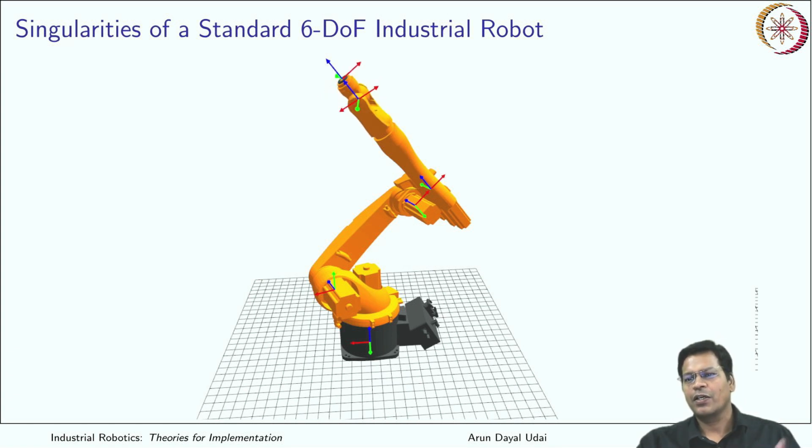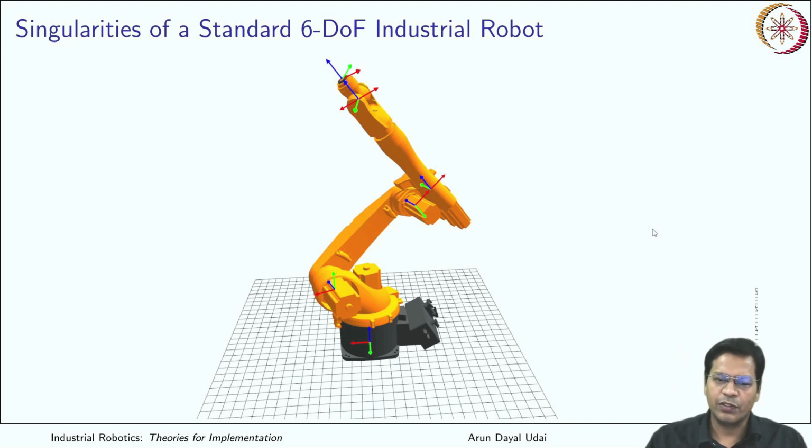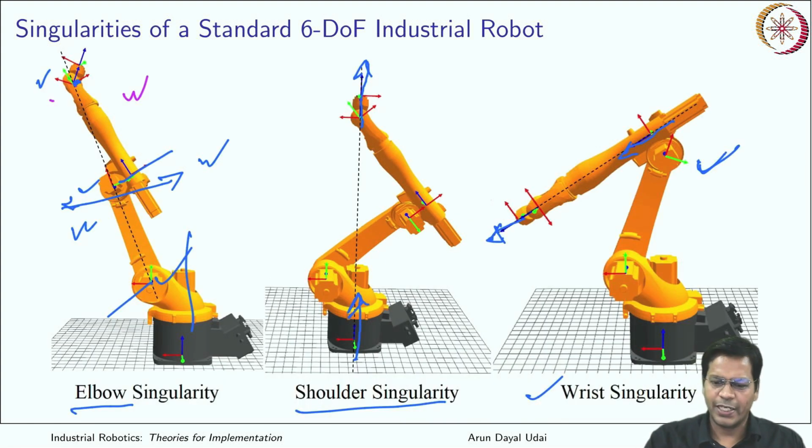Both are in a single line, so moving any of these will give you the same sort of motion. So this also is a singularity, known as a wrist singularity. These are some of the singularities that an industrial robot normally sees. Other than these, you already know that if it reaches its boundary like this, it is quite probable that it is also singular.